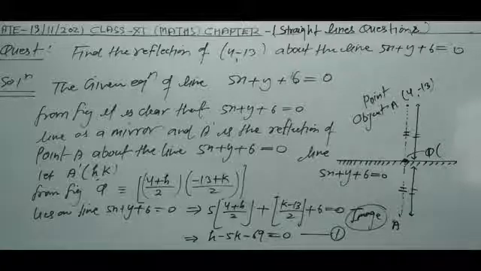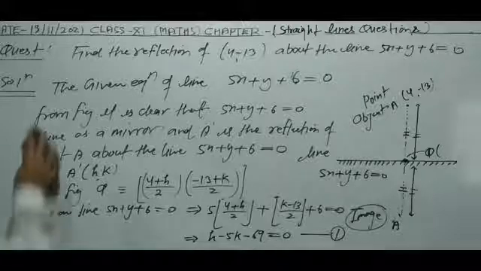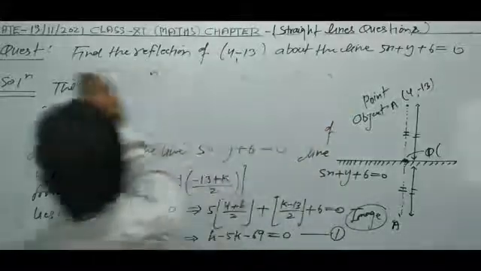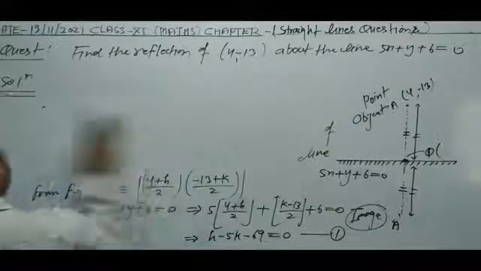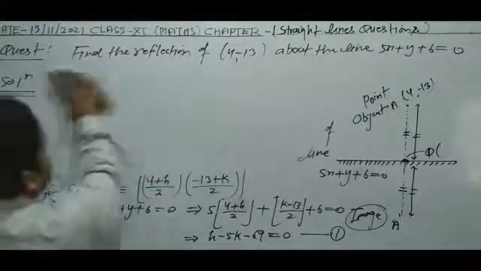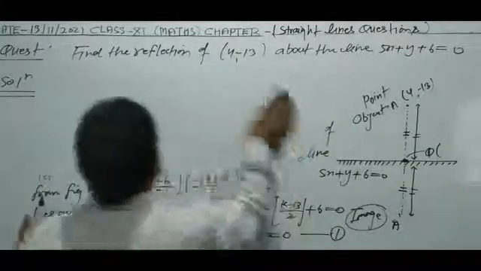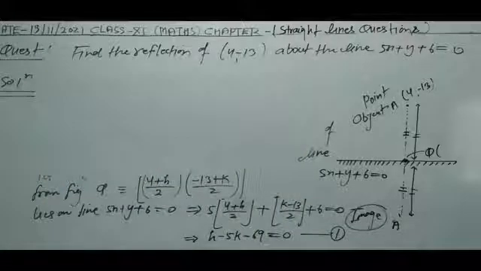Now you will see the slope of line AA dash.